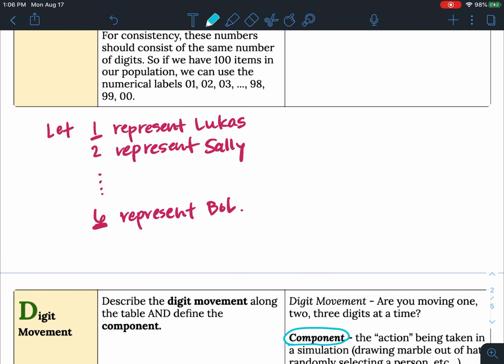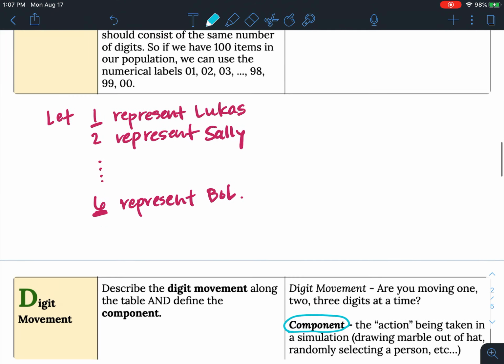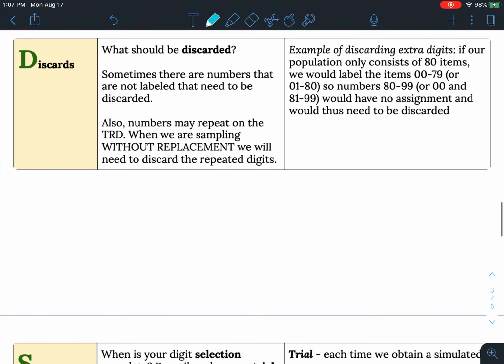So in this case, I would say discard digits 7 through 9, and 0. Those are all of my unused single digits. Okay? So I would need to tell whoever's reading my simulation that that's what I'm supposed to do with those leftover digits.